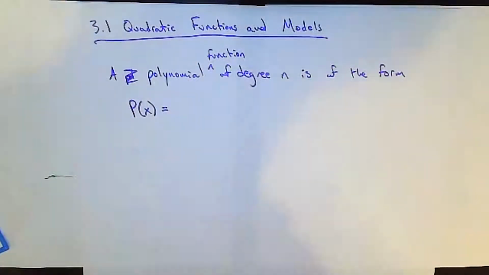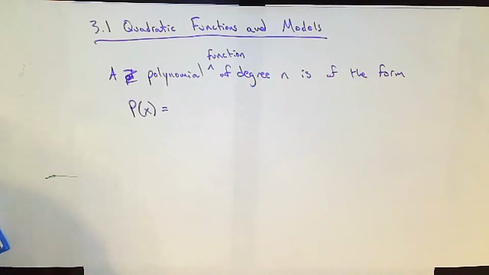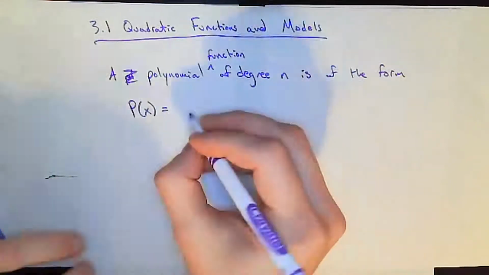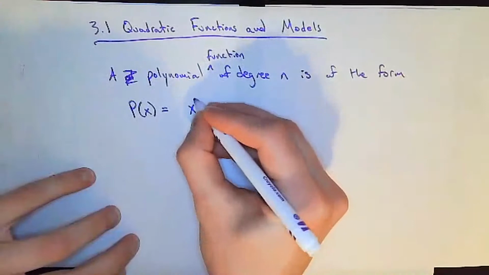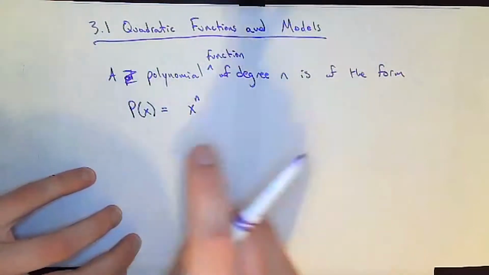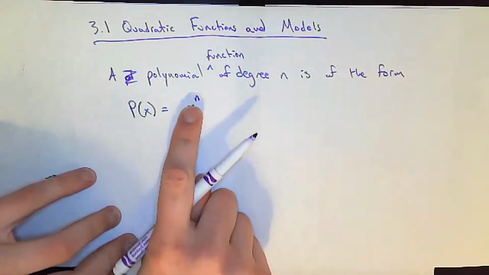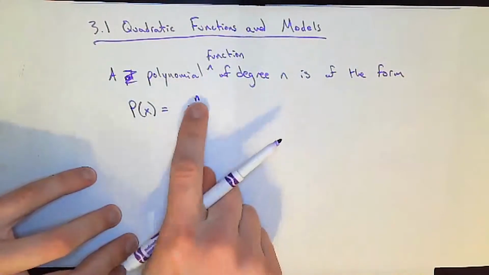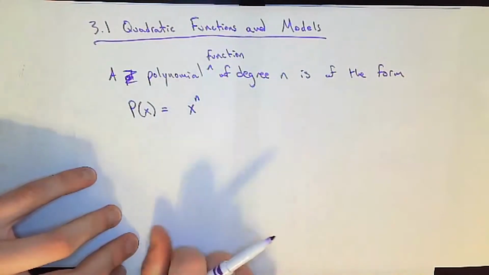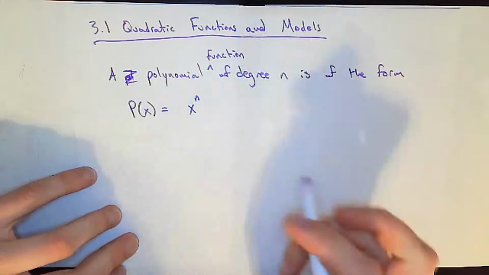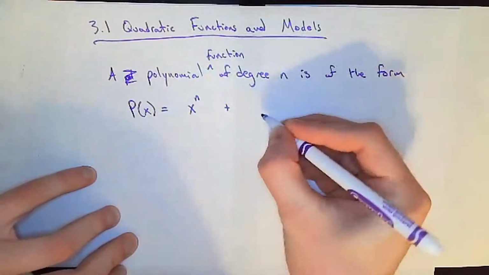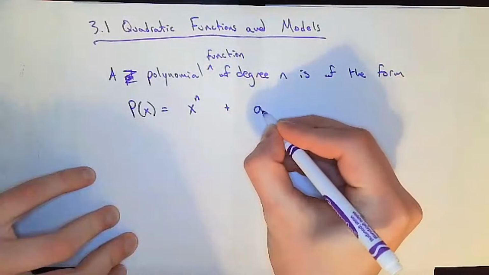Okay, so a polynomial of degree n is going to be just some sum or difference of terms starting with an x to the n term. So if I said of degree 5, then the leading term would have x to the fifth, so the exponent being 5. I'm leaving space here, and then plus the next term down.